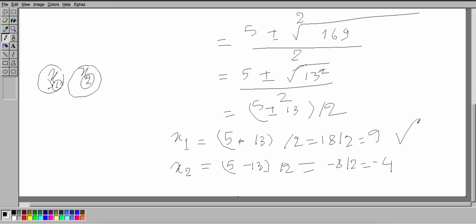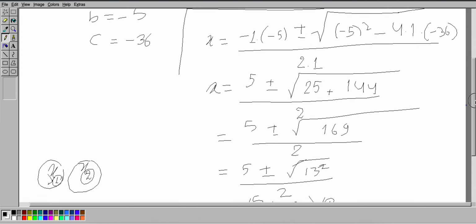So these two are the roots of the quadratic equation using the formula.